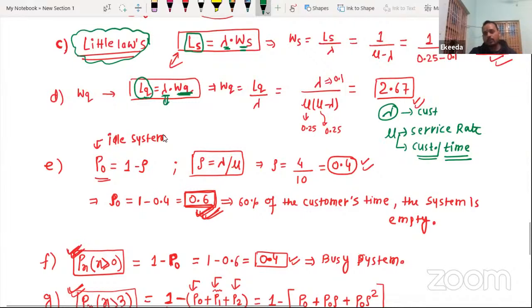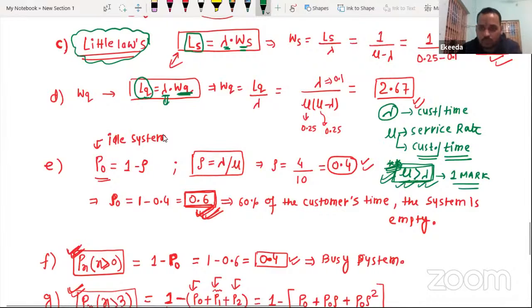Generally for our syllabus, mu will be greater than lambda. This was also a 1 mark question in a year. The value of mu should be greater than lambda for a single server system. There can be single or multiple server systems, but for our syllabus we are studying a single server system.